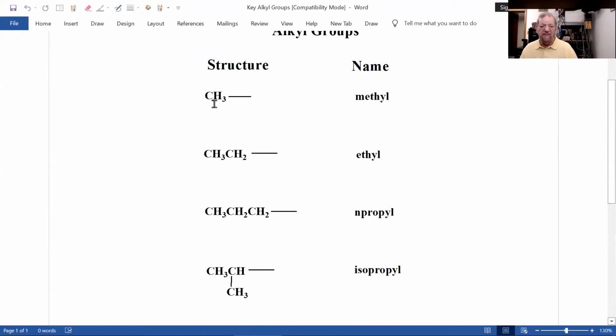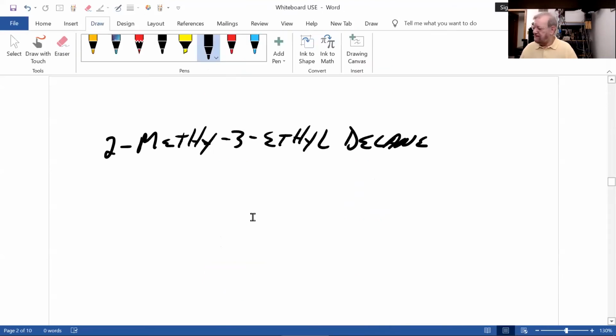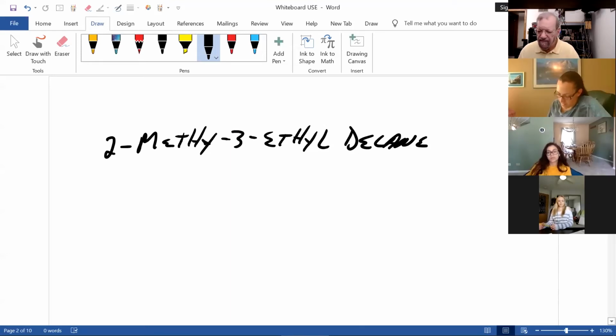Again, ethyl 2 carbons, methyl 1 carbon. All right, I think everybody's done.